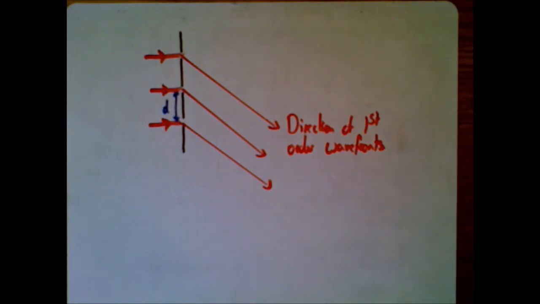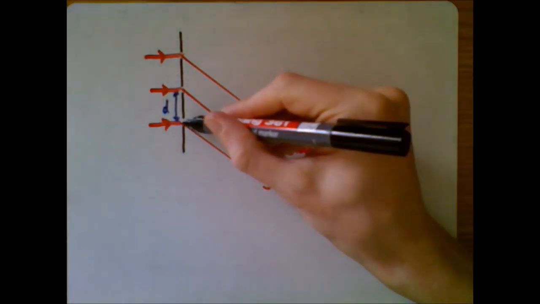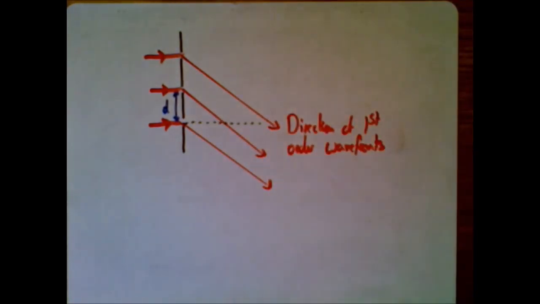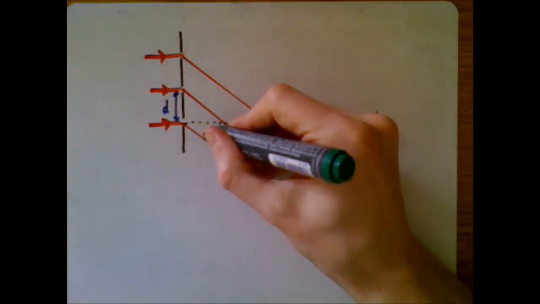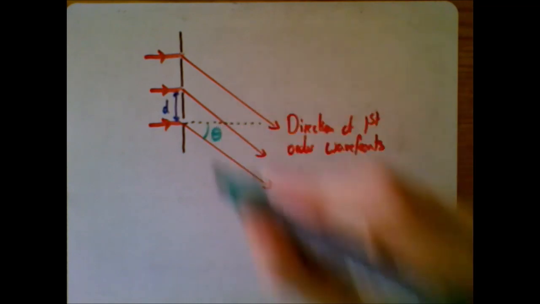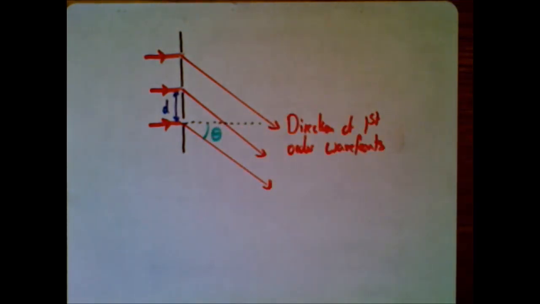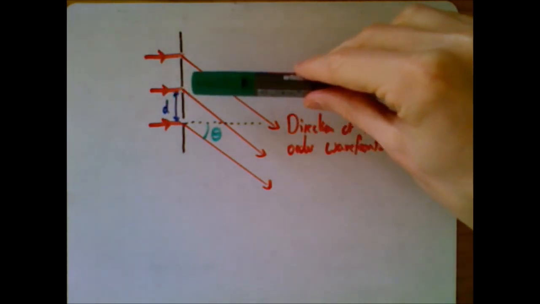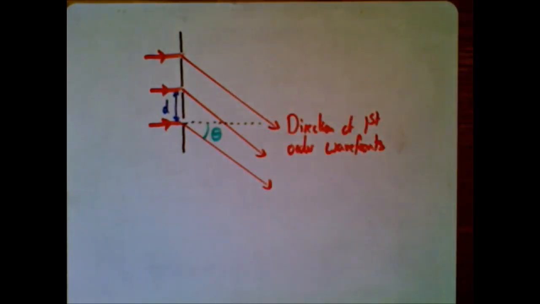What angle would you have to look at the grating at to see a maximum? If we imagine a line straight across there, our first order angle is there. That's the angle between the line going straight perpendicular to the grating and my first order maximum.